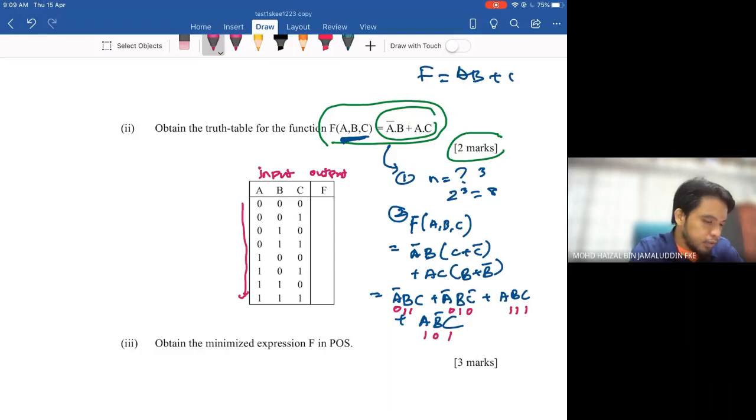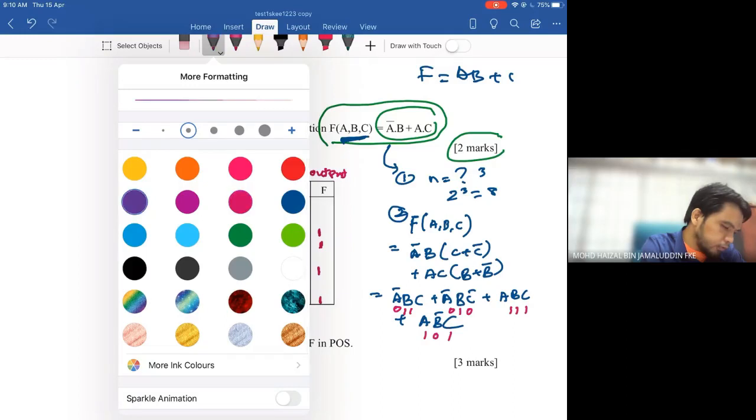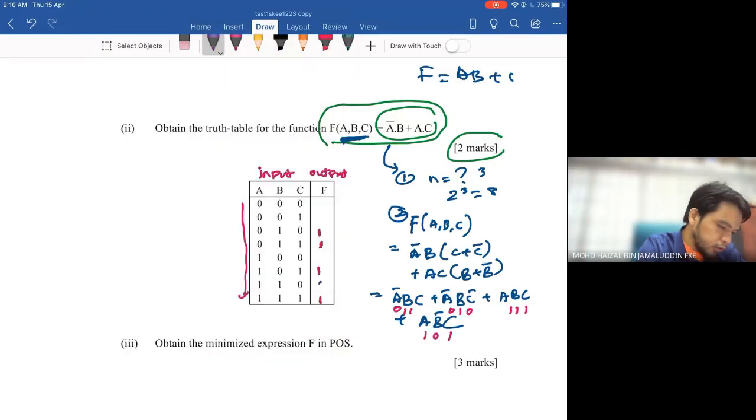So now, since you already have the standard equation, you just transform it into the truth table. So you have 0 1 1 is 1, 0 1 0 is 1, 1 1 1 is 1, 1 0 1 is 1, while the others are 0.